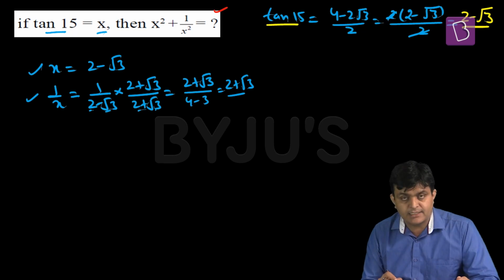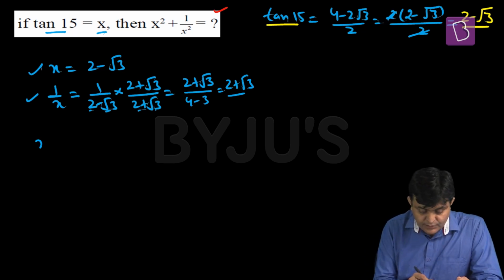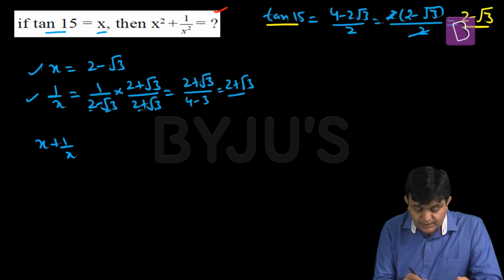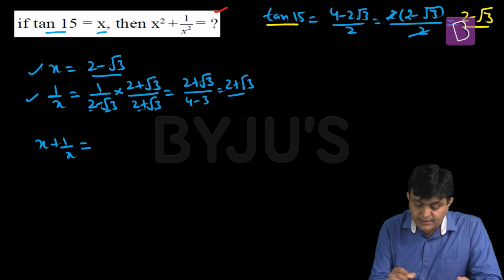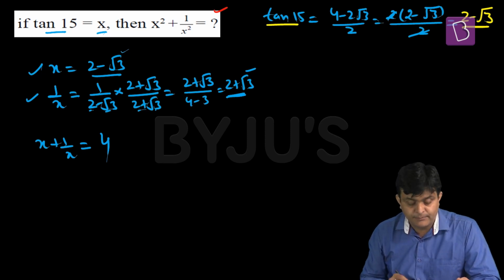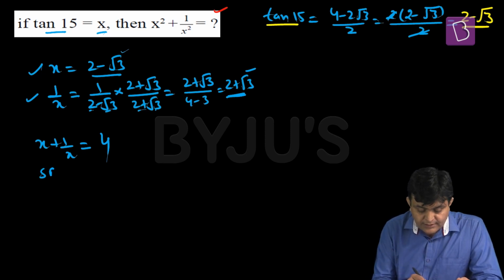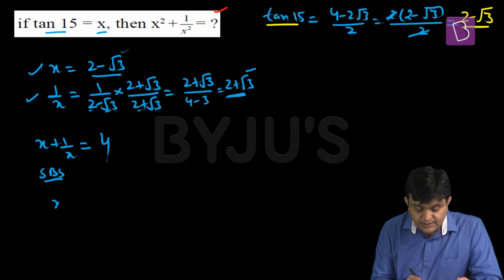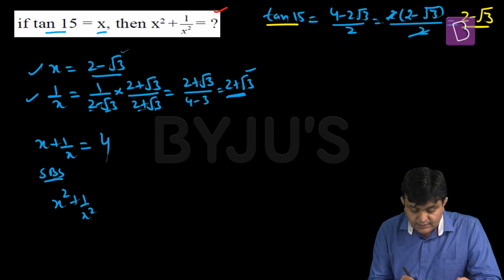Now we have x and 1 by x. So please make x plus 1 by x. It is this and this. If we sum, root 3 gets cancelled out and it is 4, right? So squaring both sides, if we know algebra, x square plus 1 by x square is equal to 4 square minus 2.